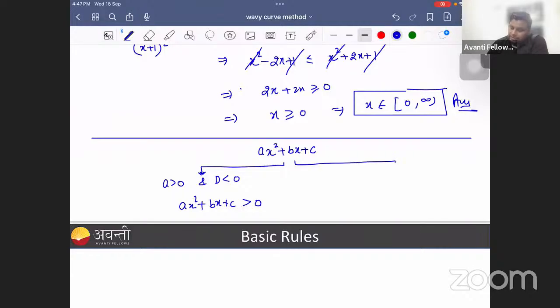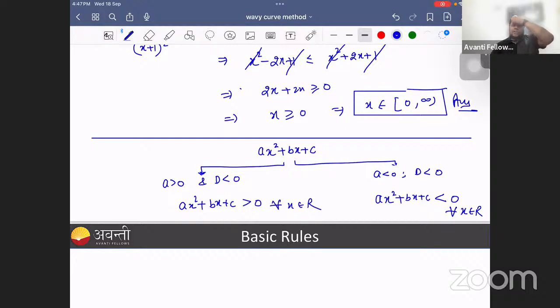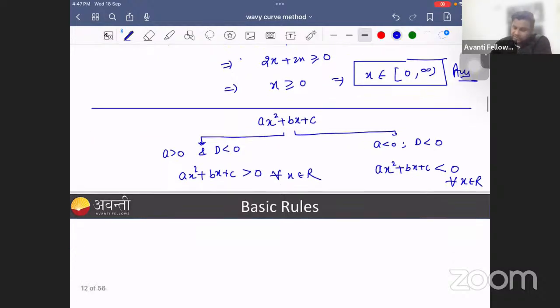And if a is negative as well as d negative, then this ax square plus bx plus c is always less than 0 for every x belongs to R.